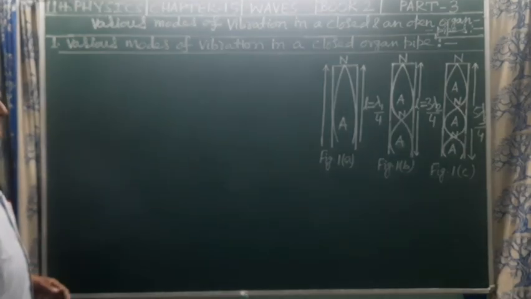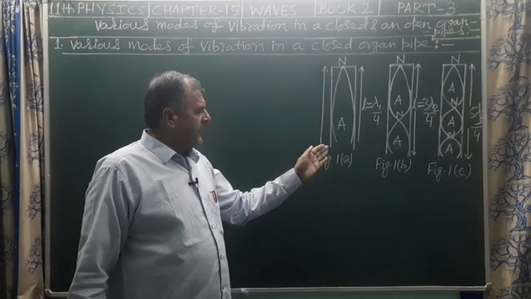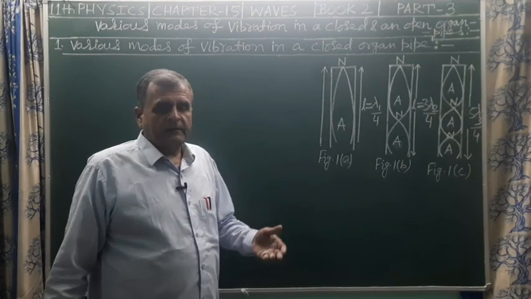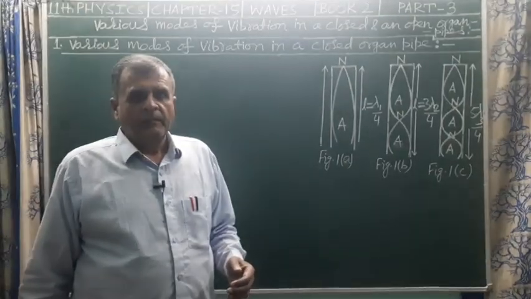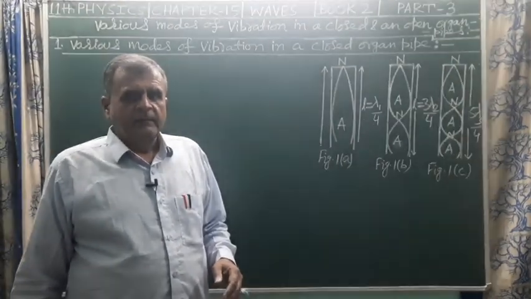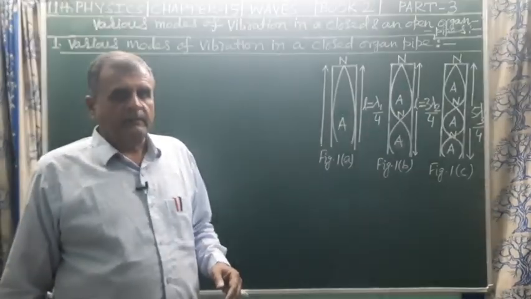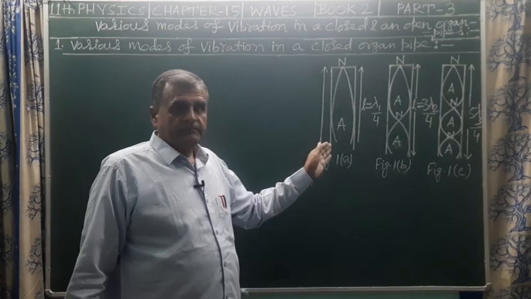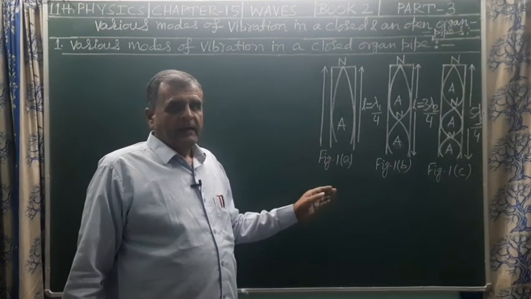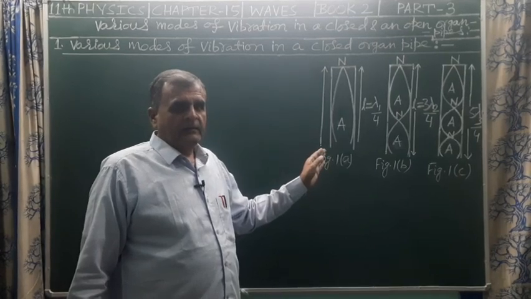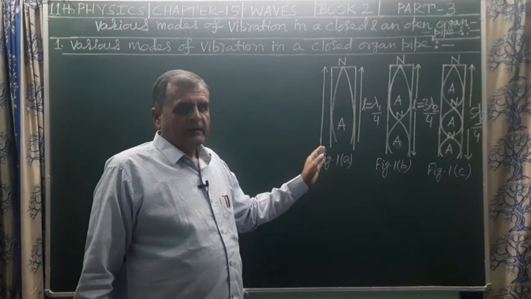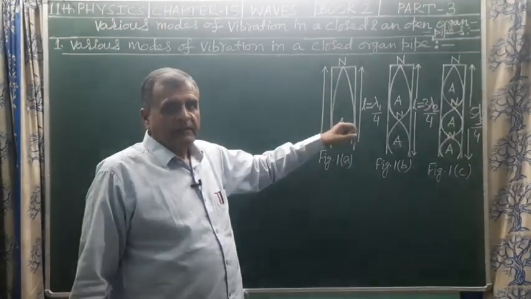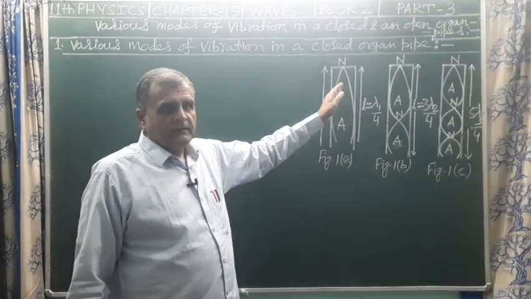When the open end of a closed organ pipe is blown, there is vibration of the air column present inside the organ pipe, and a longitudinal wave travels along to the closed end of the organ pipe, where the wave is reflected back.